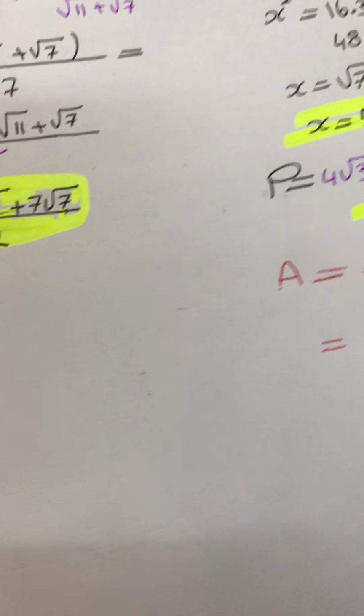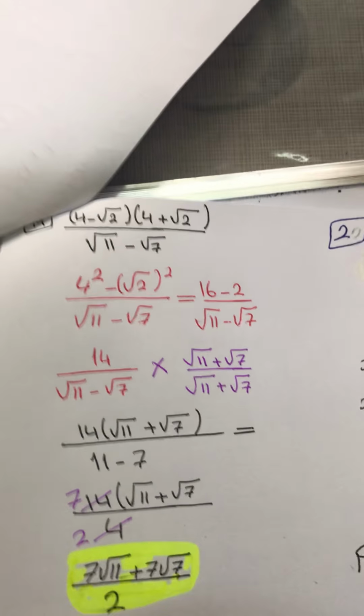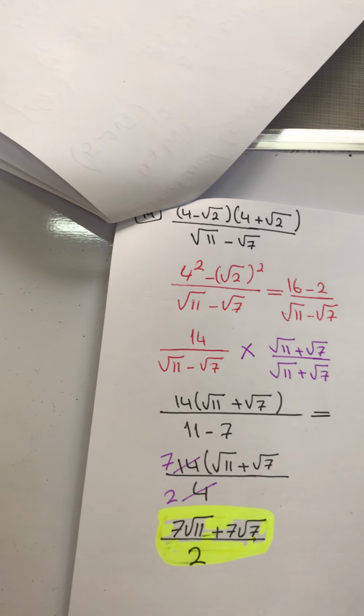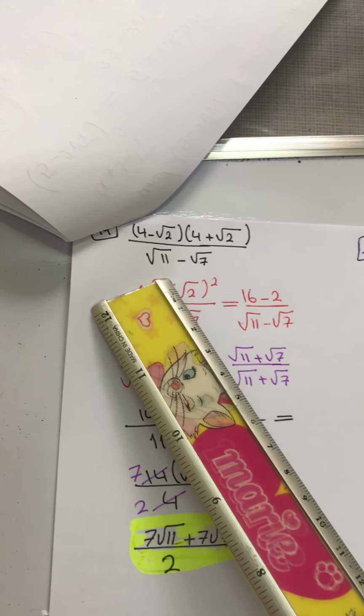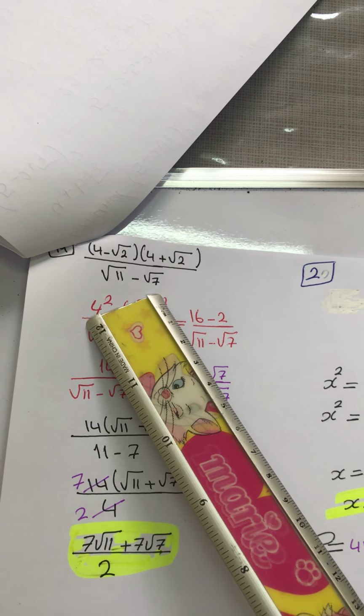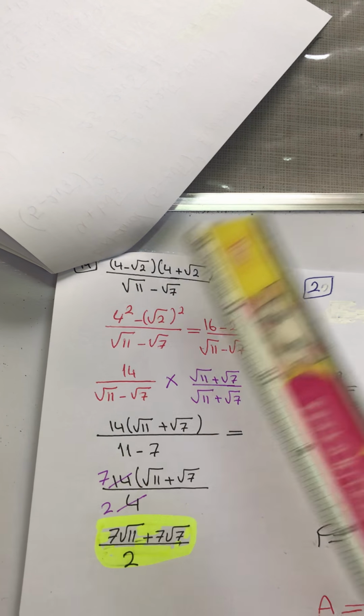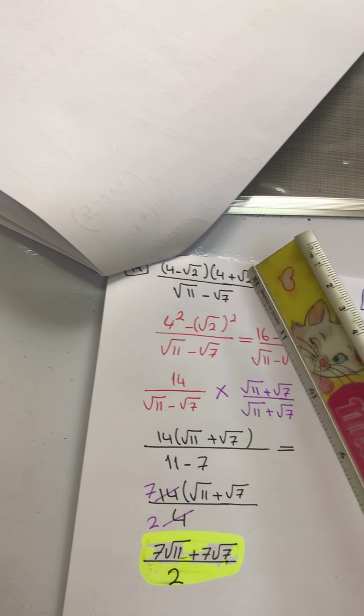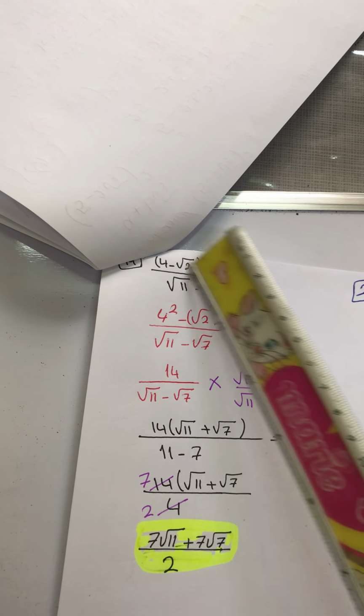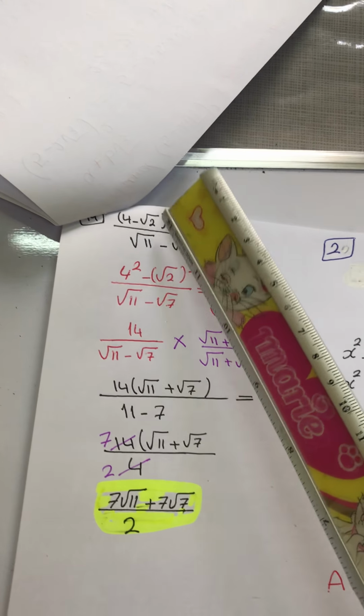Now, question number 19. In question number 19, the same idea. I have down in the denominator the square root of 11 minus the square root of 7. So in the beginning, I'll expand or simplify the two brackets.